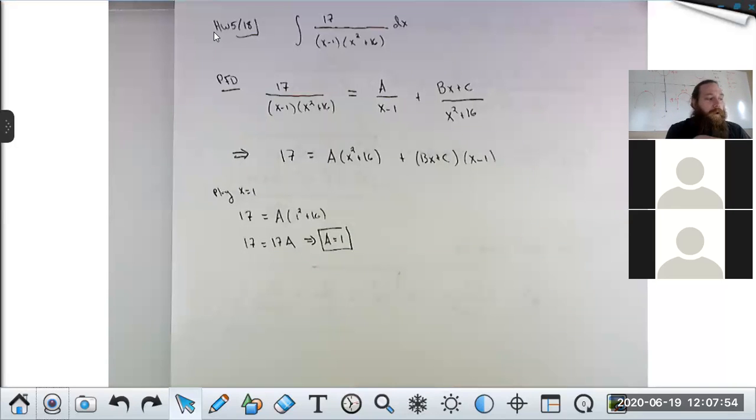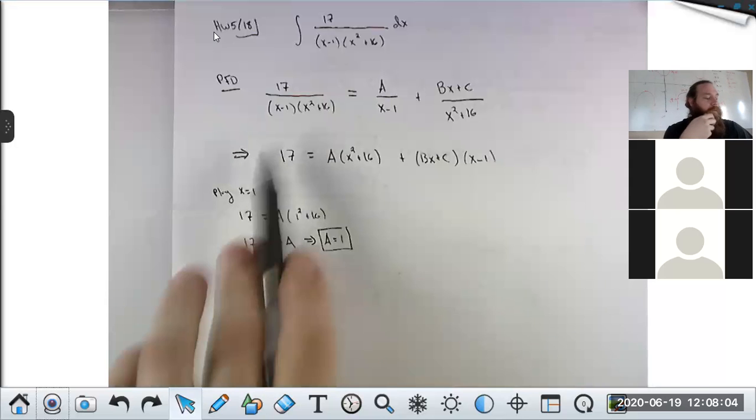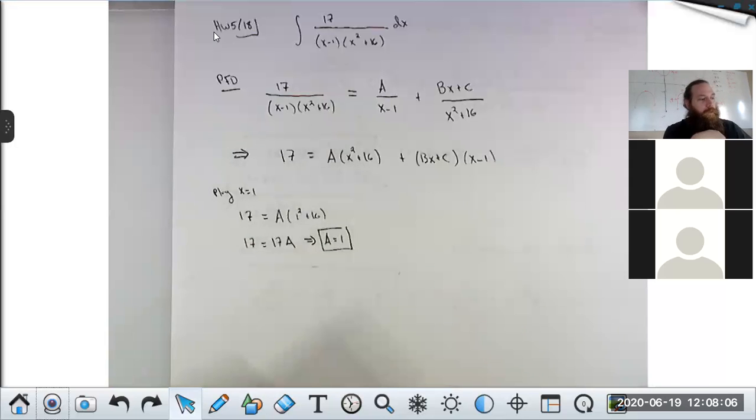So if you don't like multiplying everything out and equating coefficients, you can get some equations to solve for B and C by plugging other numbers in for x here. Plug in x equals 0, plug in x equals 1, plug in x equals 2, plug in x equals -1. If you're feeling sneaky, plug in x equals 4i.